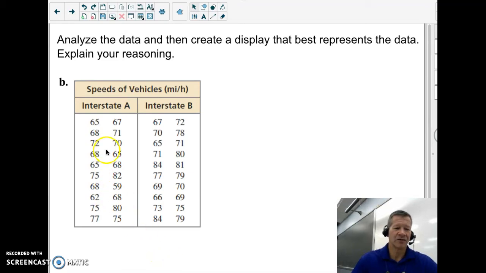And earlier in the year, we did box and whisker plots. So one good way to do this would be to use a double box and whisker plot, since there are actually 2 sets of data. And again, you might use a double bar graph. There's different ways to do things, okay? But I'm going to use a double bar graph. So I'm going to do some organizing off camera here and then come back.